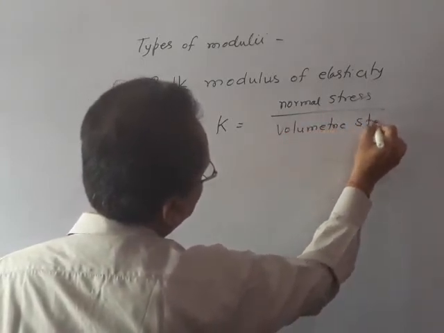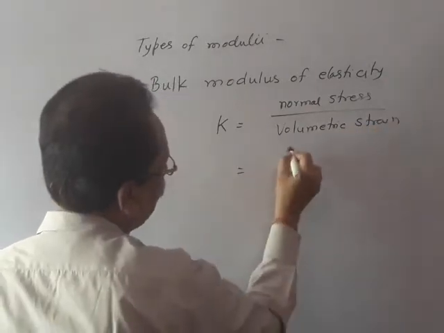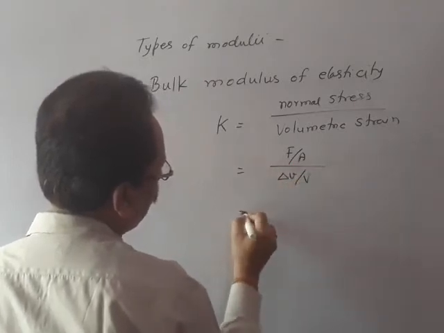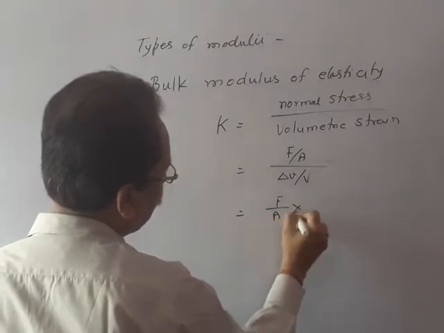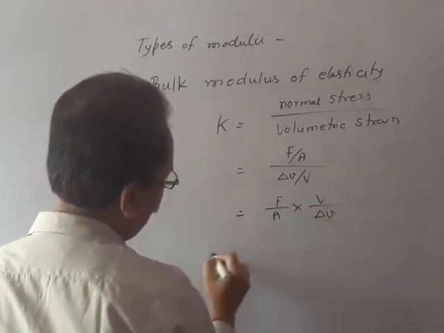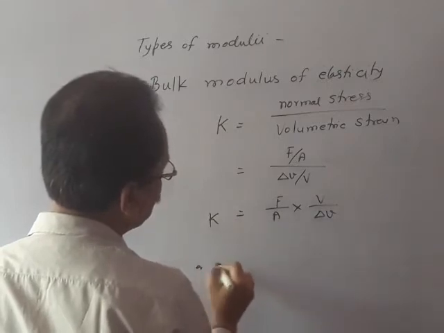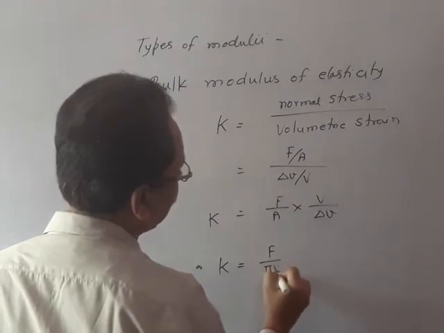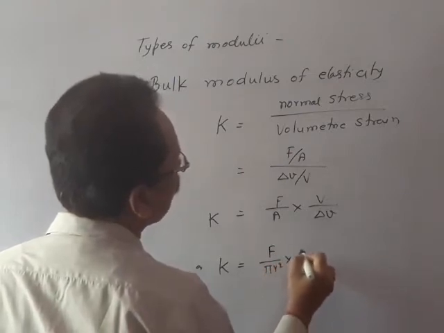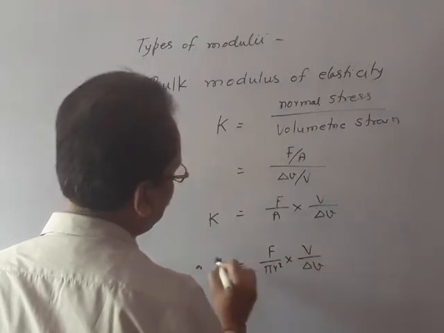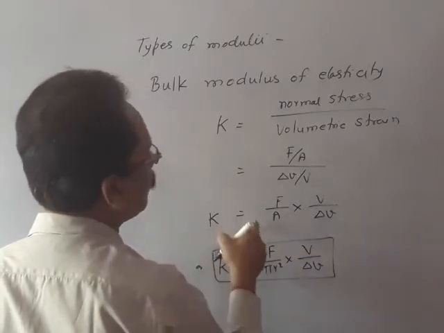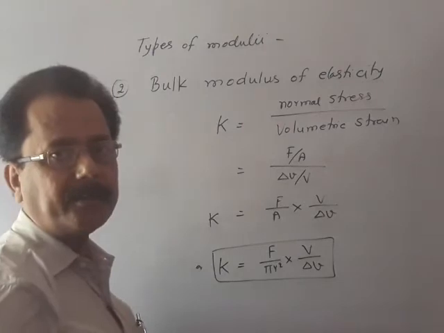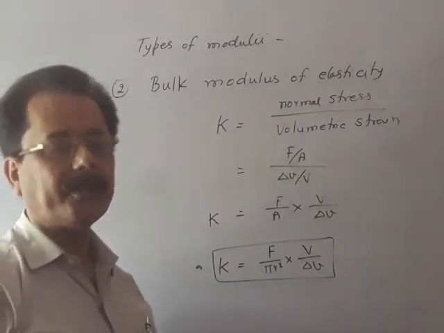Volumetric strain is change in volume to original volume, so K equal to F by A into V by del V, or we may also write K equal to F by pi R square into V by del V. The unit of bulk modulus of elasticity is the same as that of Young's modulus, the unit of stress.